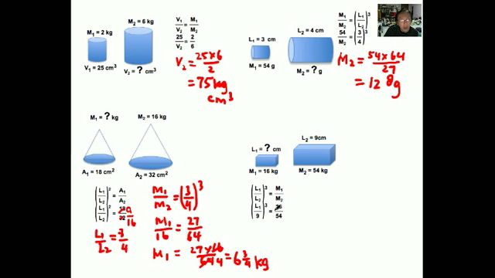Reducing this, we have 8 over 27. So L1 over 9 is the cube root of 8 over 27, which is 2/3. Therefore, L1 is 2/3 times 9, which gives us 6 cm. This concludes the lesson on similar solids. Thank you.